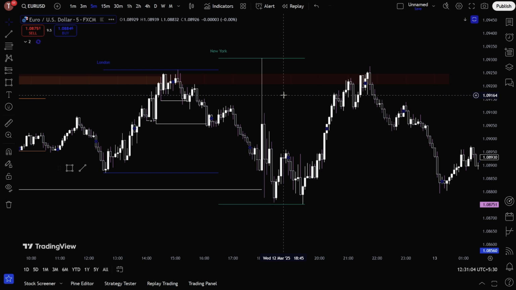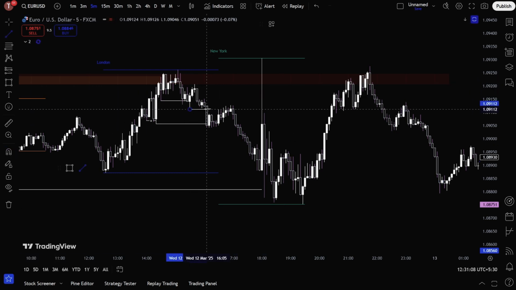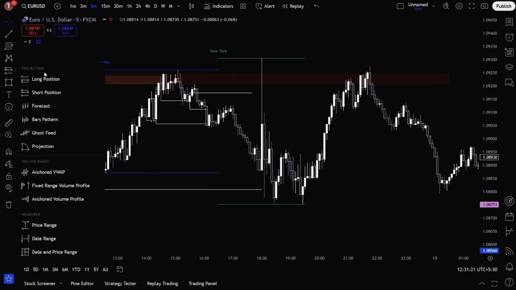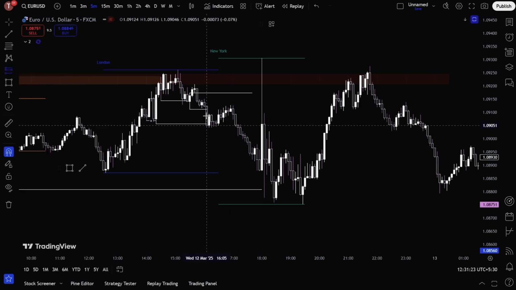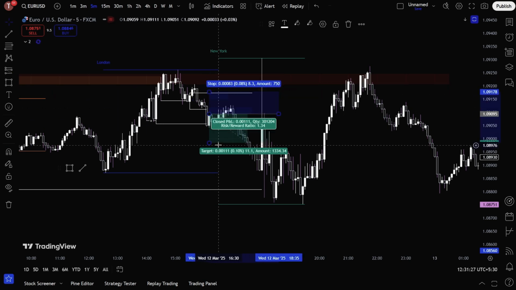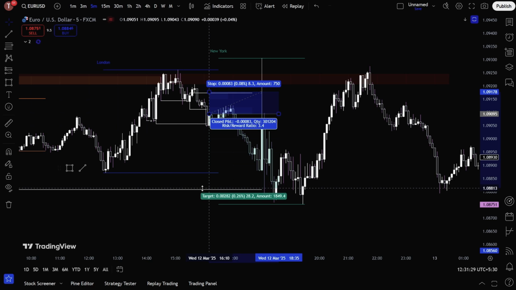So we knew that this area was a flip zone, and this candle was the last area from where the price should have gone further to the upside, but it didn't happen. So this candle became a flip zone for us, and we need to place an entry with this stop loss, and this will be the target.